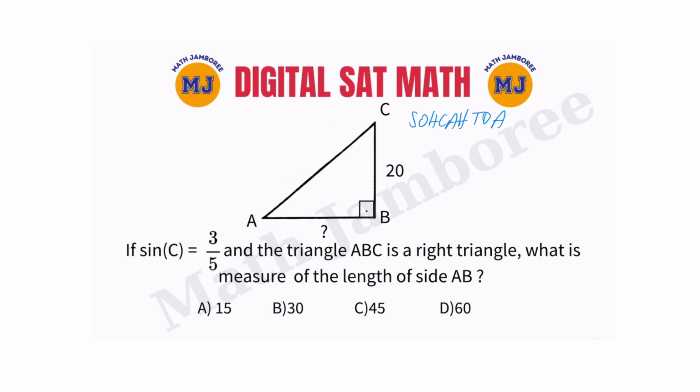SOH-CAH-TOA. This expression is important for trigonometry. It's going to remind you what's what. The S comes from sine, and the O is the opposite side over the hypotenuse, H. In this case, the C comes from cosine, and A is the adjacent over hypotenuse.